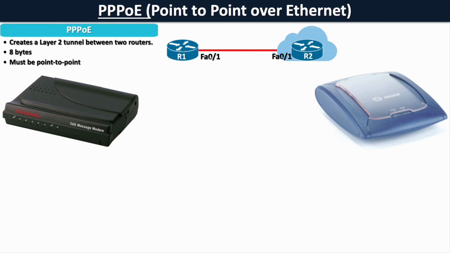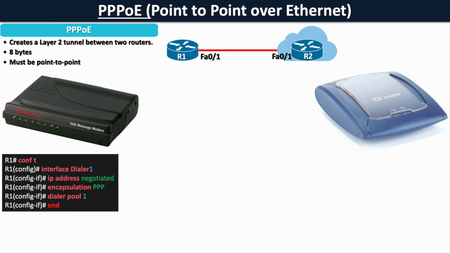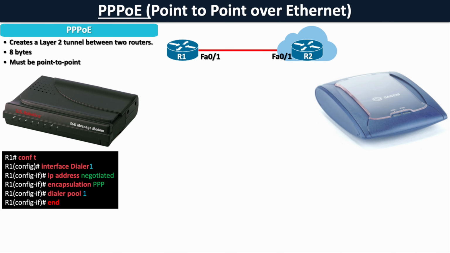Here we have two routers interconnected with each other, and we will configure router 1 as the PPPoE client. Router 2 is on the carrier side, so it's already set up. To begin, one must create a dialer interface to manage the connection and attach it to a physical interface that will provide the transport.